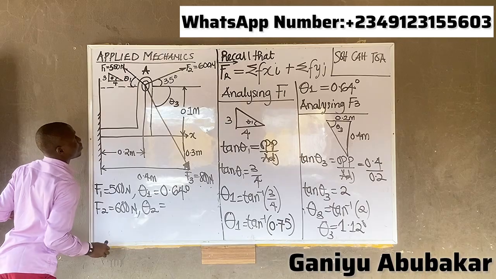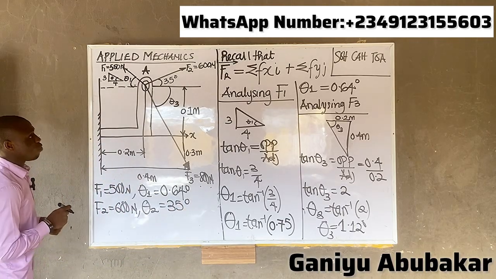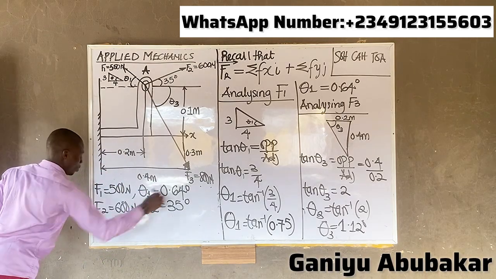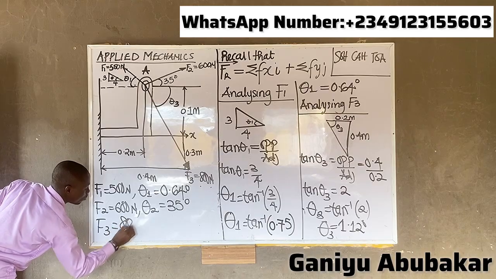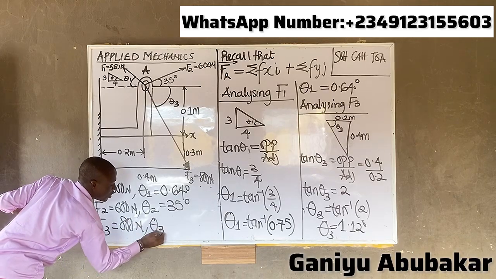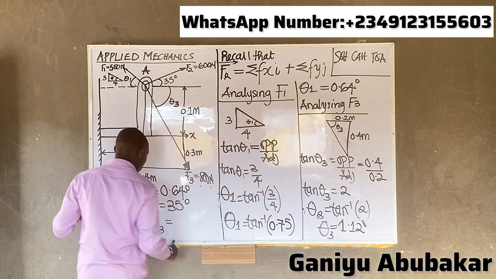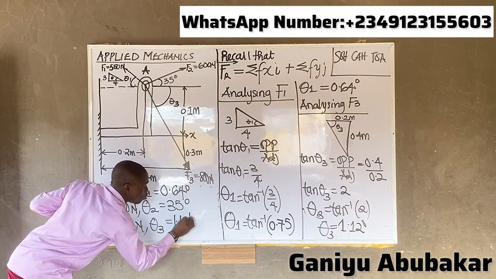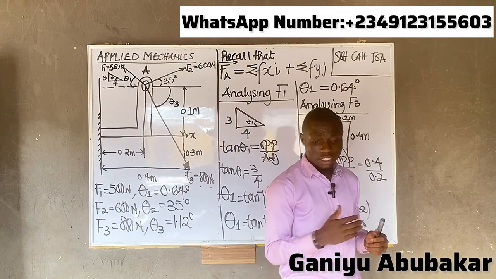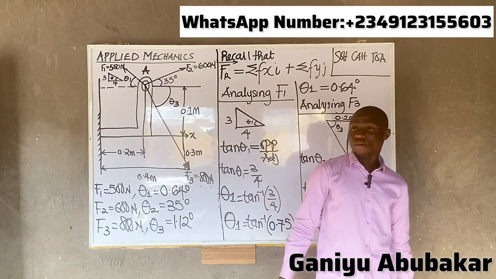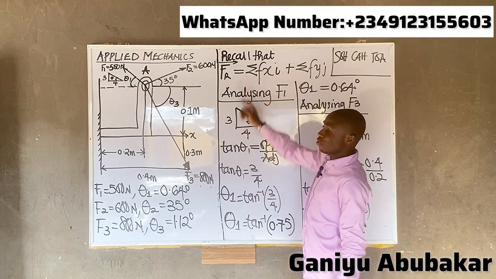Theta 2 is about 35 degrees. All right, what's F3? F3 is about 800 Newton. Theta 3 gives about 1.12 degrees. So let's get the x and y components of this concept, and get the resultant force in vector form.